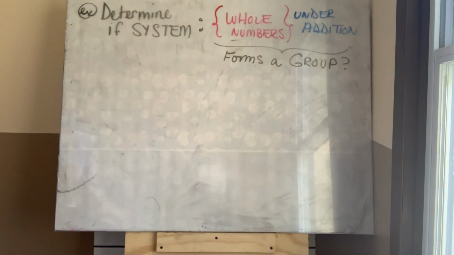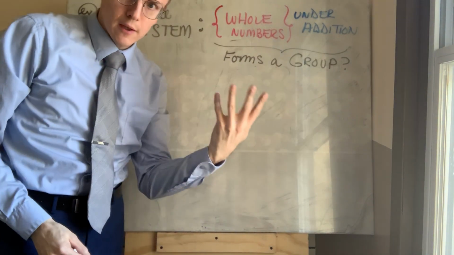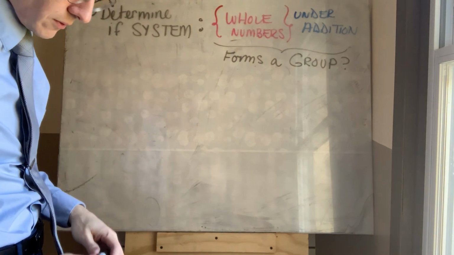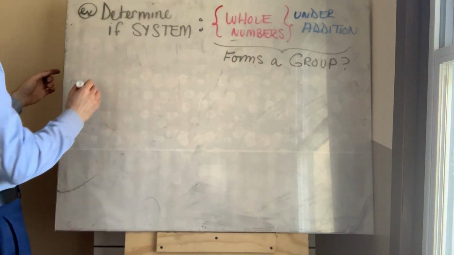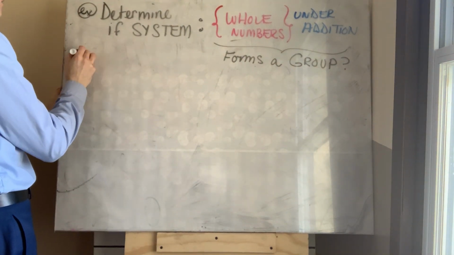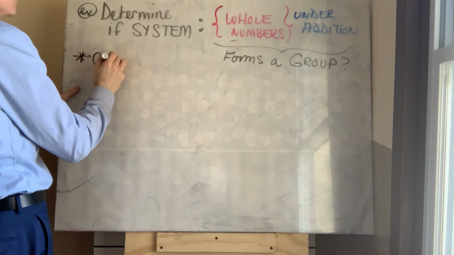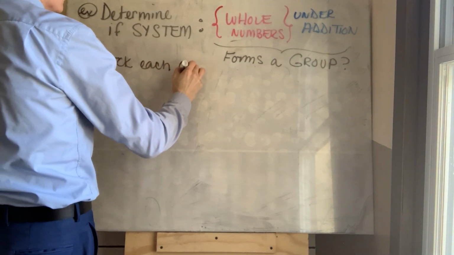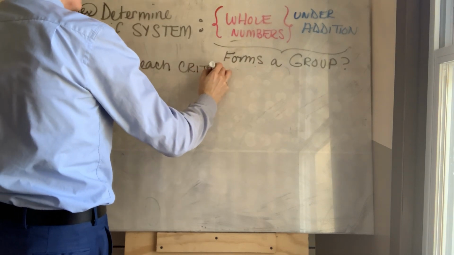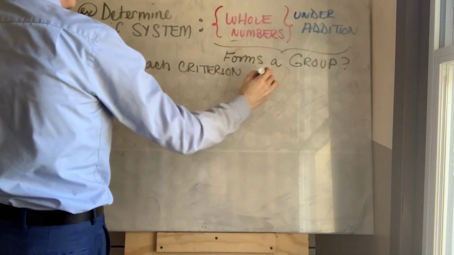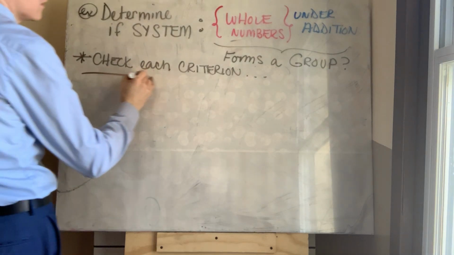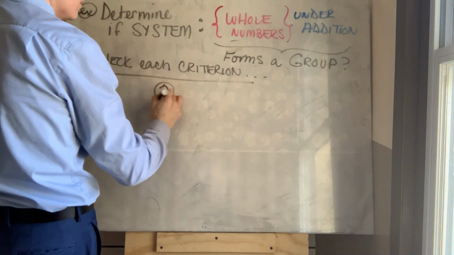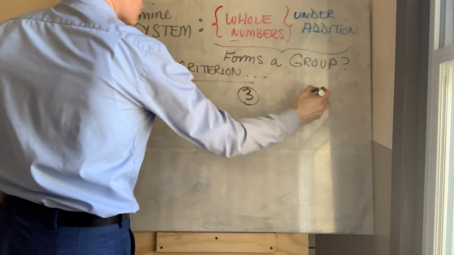We're going to have to check our four criteria, step by step, and you'll see the intricacies of it as we're going along. That's the procedure basically. Check each criterion. Okay. 1, 2, 3, and if we get to it, 4.